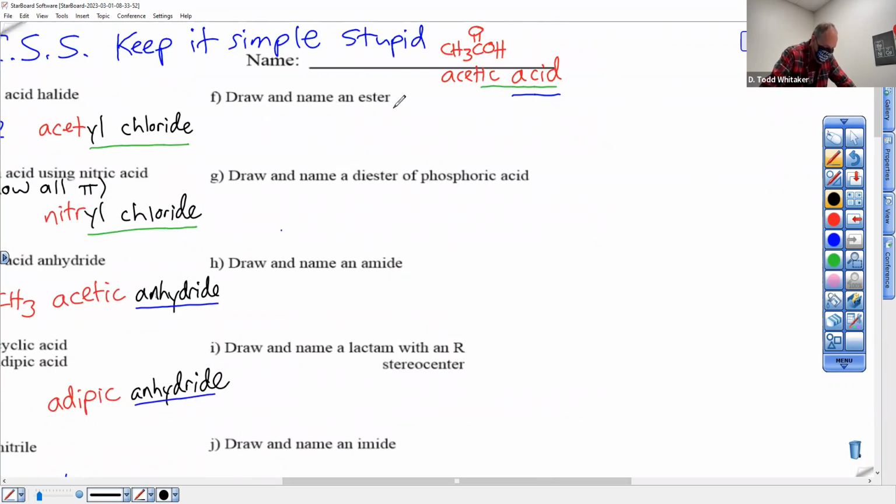And draw and name an ester. Oh, we've been doing that for a long time, and my lab students can shine today. I'm going to let them shine. There's a reason I chose that R group.